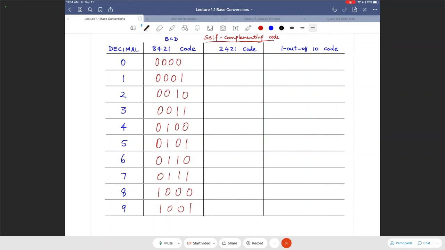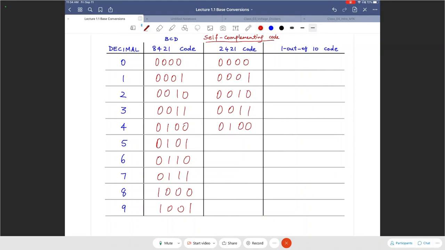For 0, you would say 0, 0, 0, 0: 0 times 1 plus 0 times 2 plus 0 times 4 plus 0 times 2 is 0. How about 1? That works. How about 2? That works. 3, 4. So far, so good.